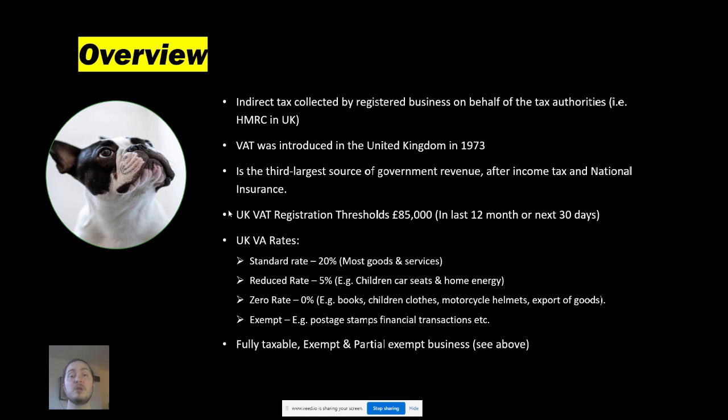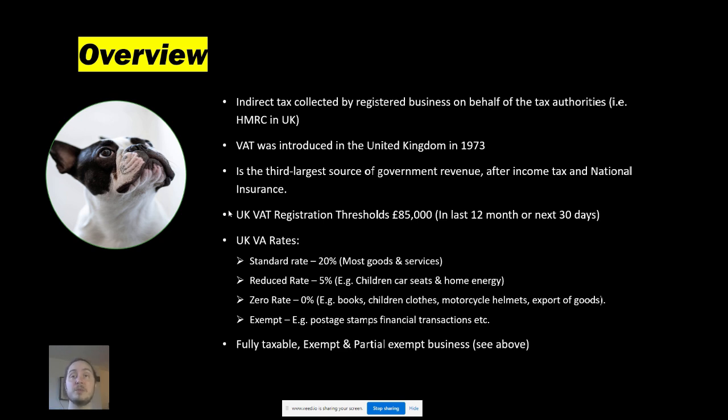If your business only provides exempt supply, it is not entitled to recover any VAT, which leads me to my last point, the difference in businesses that I wanted to mention. Some businesses will provide standard, reduced, and zero rate supplies, and we refer to those businesses as fully taxable, and they can deduct VAT on their purchases.